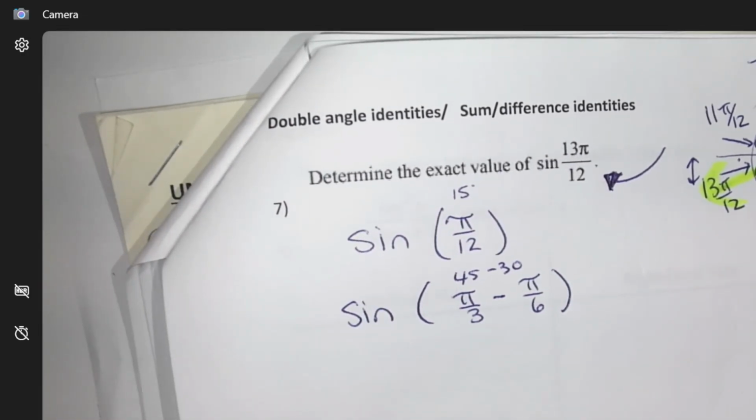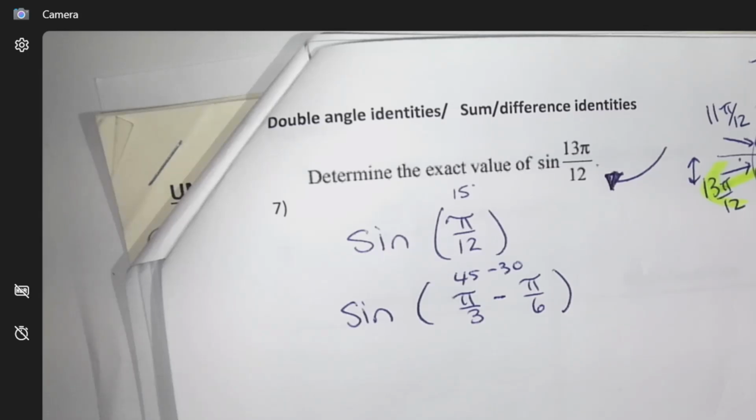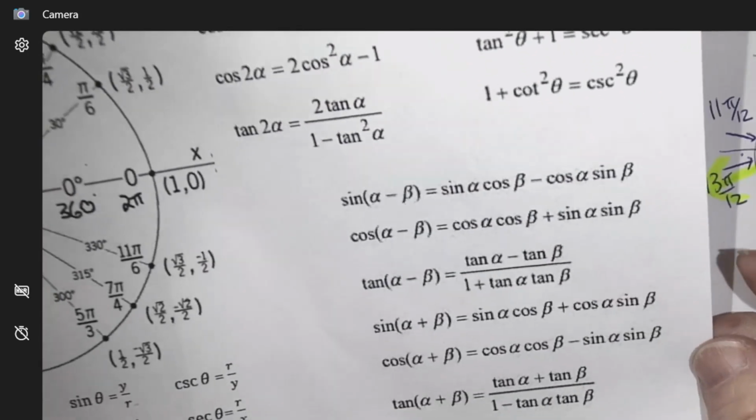Sine of 45 minus 30. That's the same thing as doing sine of 15. Okay, so what would my next maneuver be? Grabbing my formula sheet.